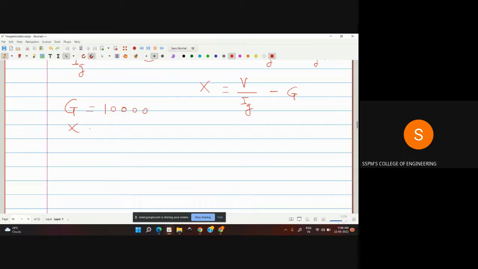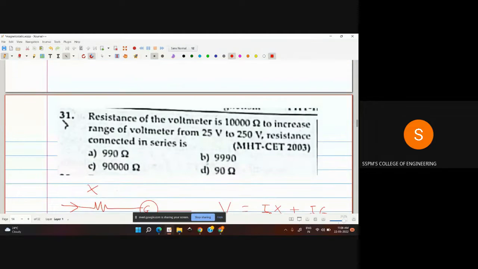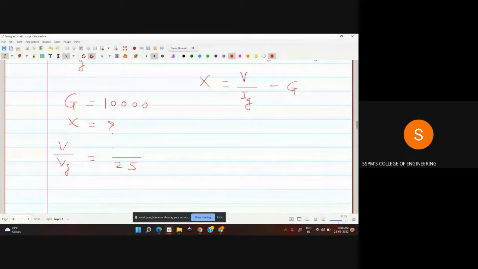You have to find X. If the voltage is increased from 25 to 250, the initial voltage is 25, and now you have to increase the range to 250. So V by Vg, how much will it be? It will be 10. V by Vg is 10.